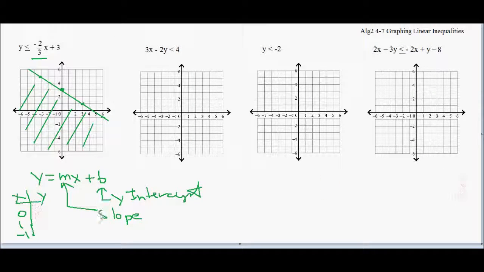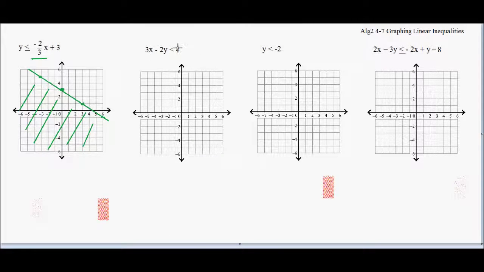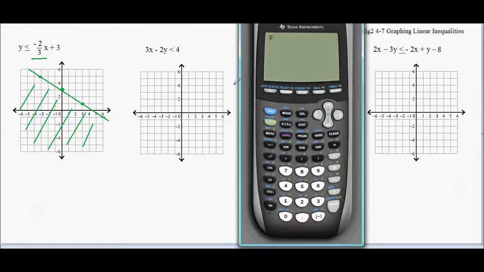Let's use red. Now I'm going to have to put this in slope-intercept form. I could plot points, but I also want to show how you do this on a graphing calculator.